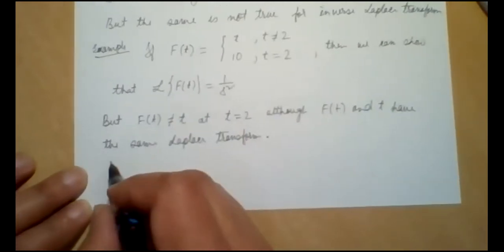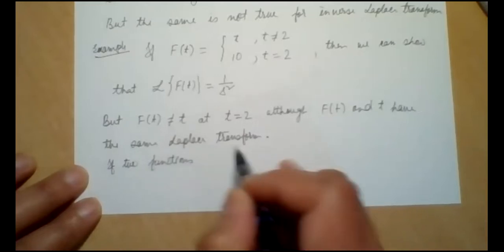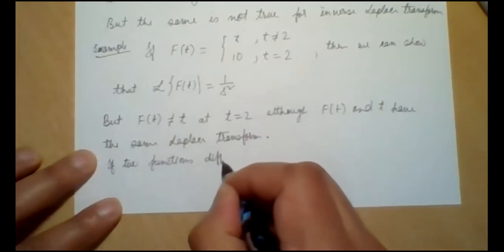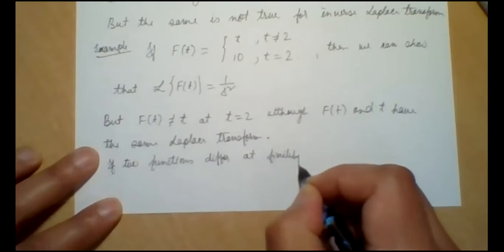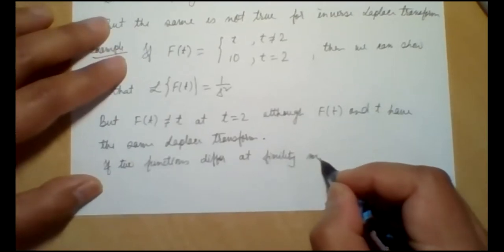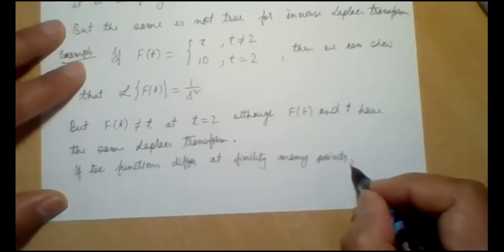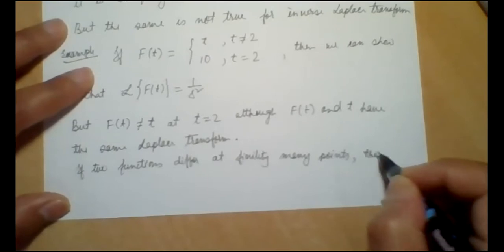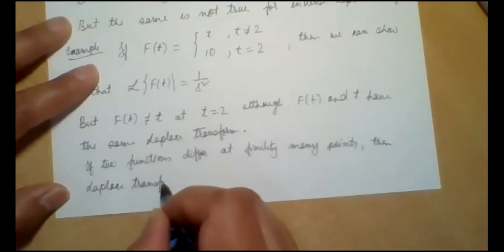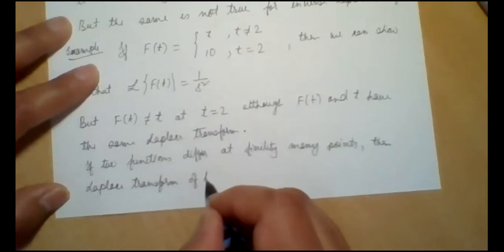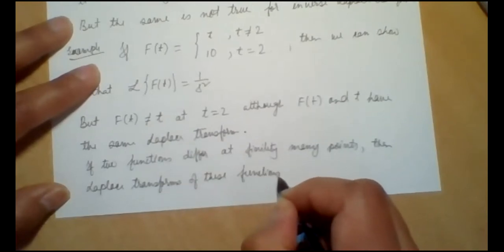Okay, so what is the general idea? The general idea is that if two functions differ at finitely many points, then the Laplace transforms of these functions are the same.